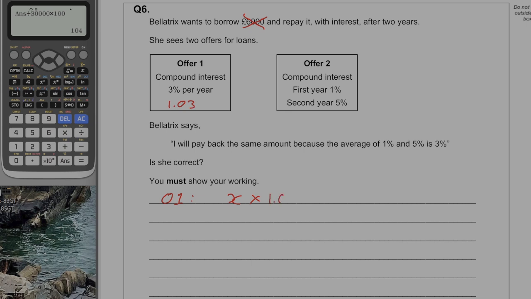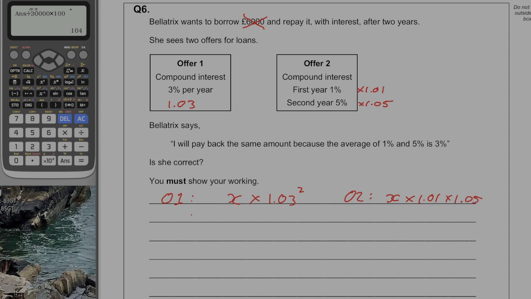So 1.03, and then that's to the power 2 because it's 2 years. I'll do offer 2 at the same time. So offer 2 in a similar vein is going to be x times by 1% for the first year would be a multiplier of 1.01. 5% for the second year would be a multiplier of 1.05. So times by 1.01 times by 1.05.